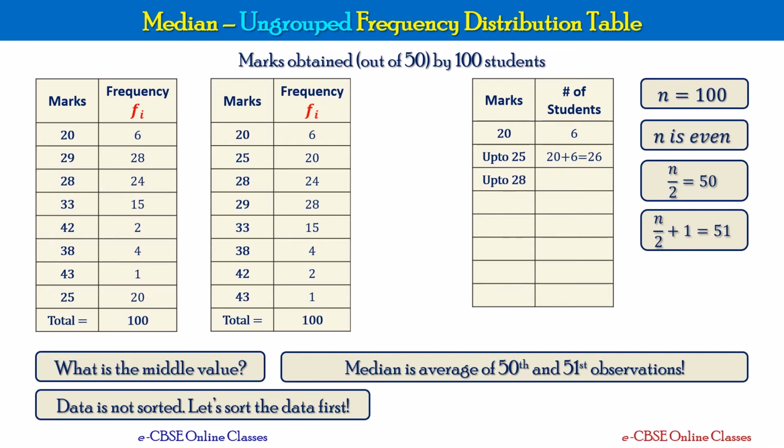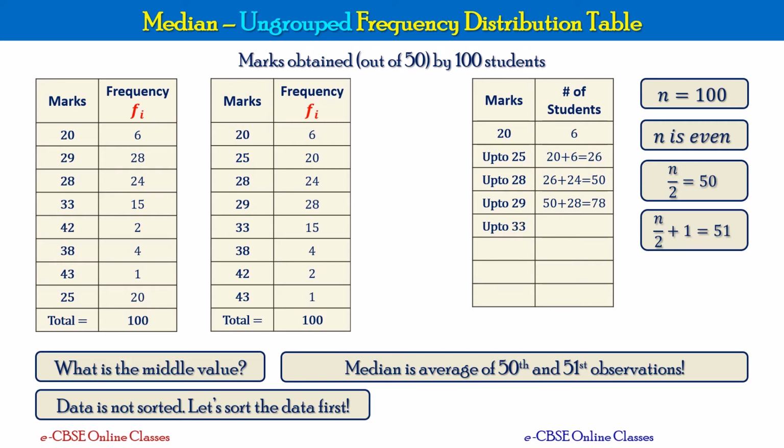The next is up to 28. So you need to add 24 to 26. So 26 plus 24 is 50. Next is up to 29. You need to add 28 to the value of 50. So that becomes 78. The next is up to 33. So 78 plus 15 is equal to 93. The next is up to 38.